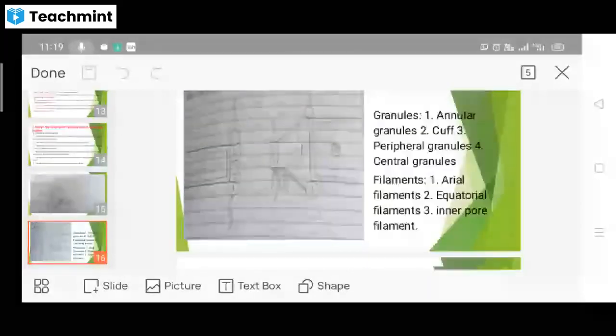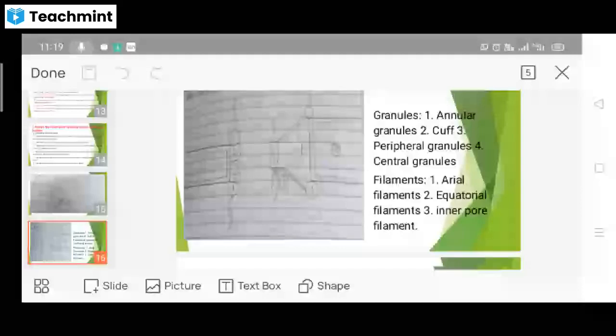In the structure of this nuclear pore complex, the outer annulus and inner annulus consist of distinct subunits, which are also called the annular granules. Each annular granule is about 100 to 215 angstrom units.